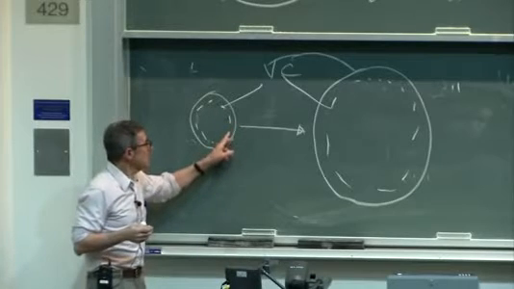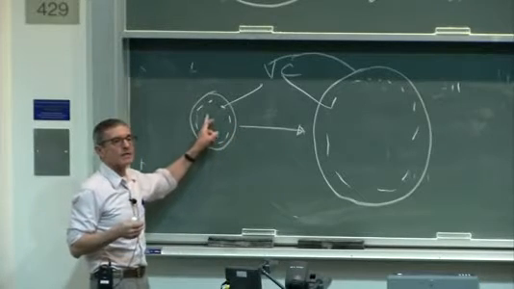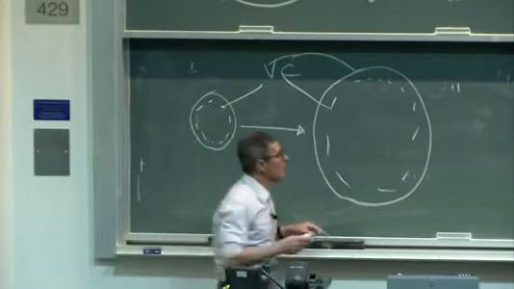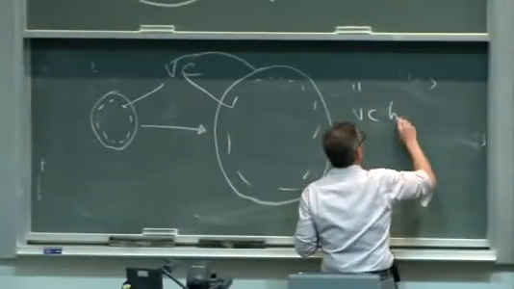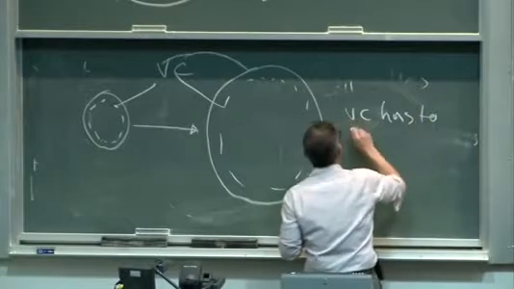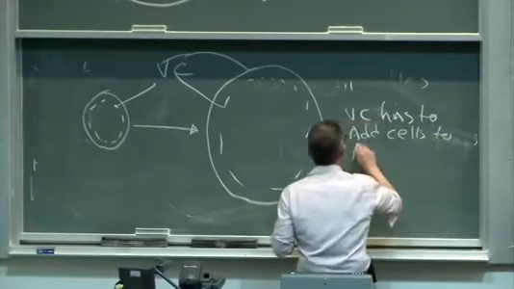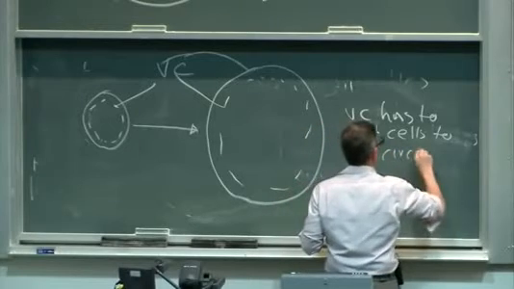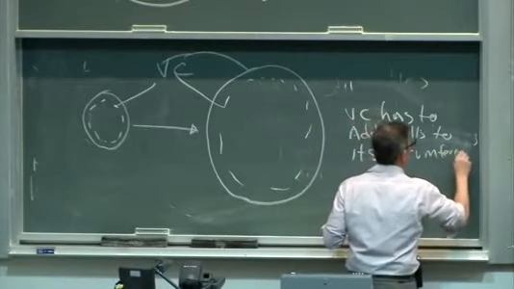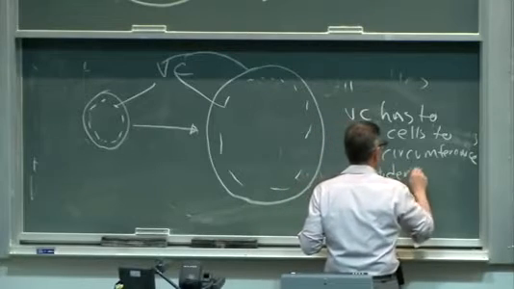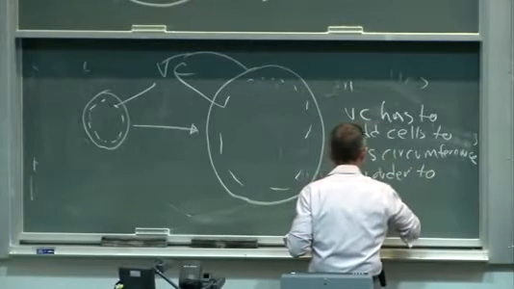And hence, in order for it to remain a complete cylinder, it has to add cells. So the vascular cambium has to add cells to its circumference in order to remain intact.